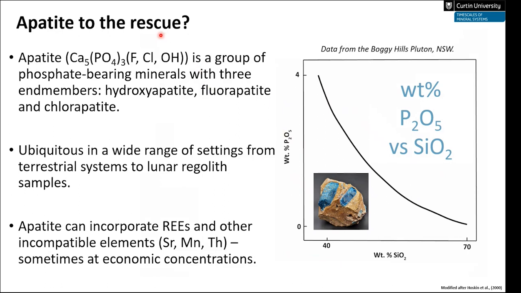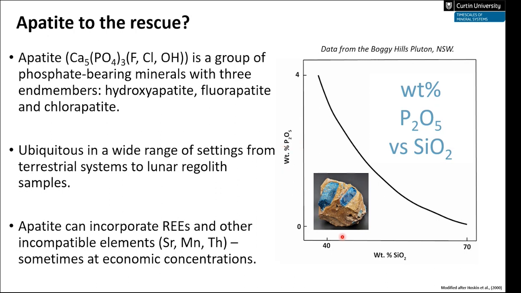So does apatite come to our rescue? Well, apatite is a ubiquitous mineral found in a range of geological settings, from high-grade metamorphic rocks to carbonatites to mafic rocks. And again, from the same pluton over in New South Wales, we can see the opposite trend to what was happening with zirconium.